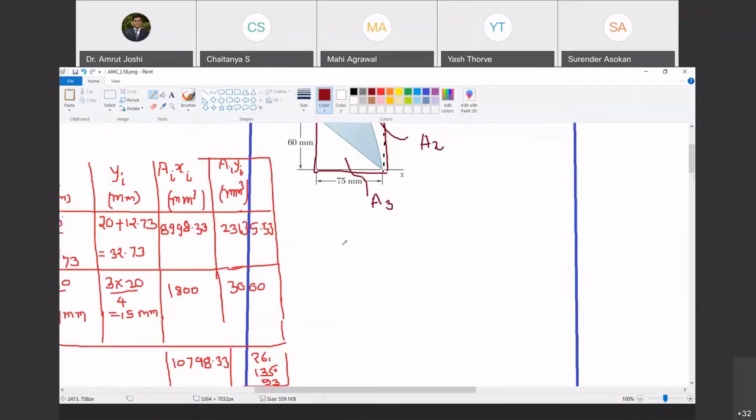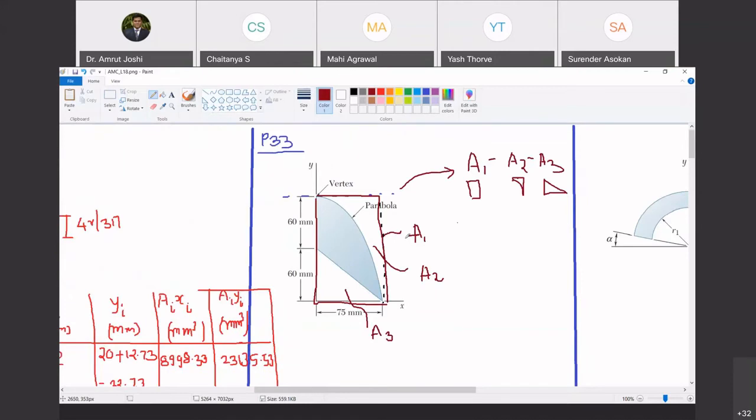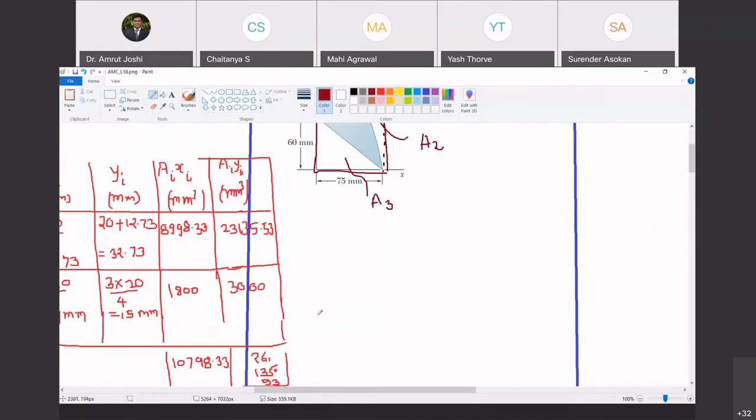So let us make a table. How do we have to do it? I will make a table like this here: area designation, then I am going to write down Ai, then Xi, and Yi. Do you agree with me? Yes, sir.